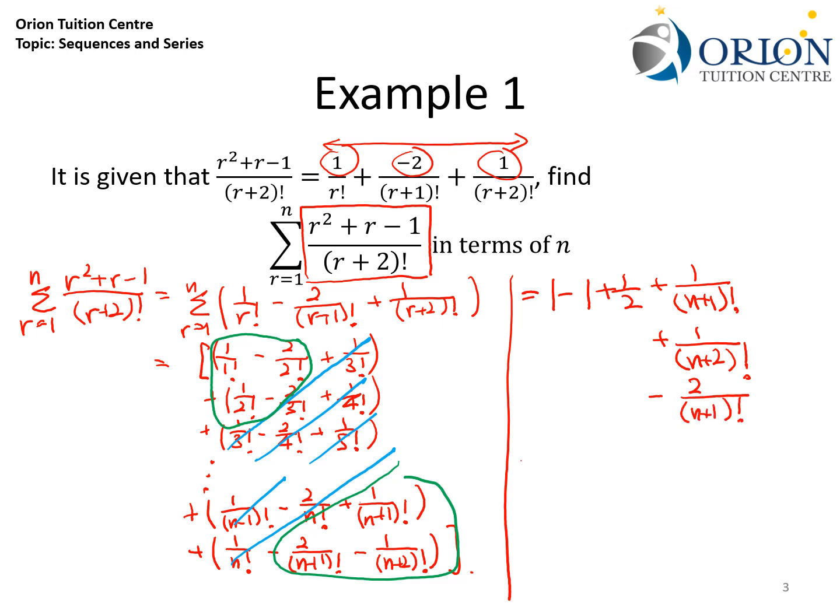And if we evaluate everything, it becomes half minus 1 over (n plus 1) factorial plus 1 over (n plus 2) factorial.